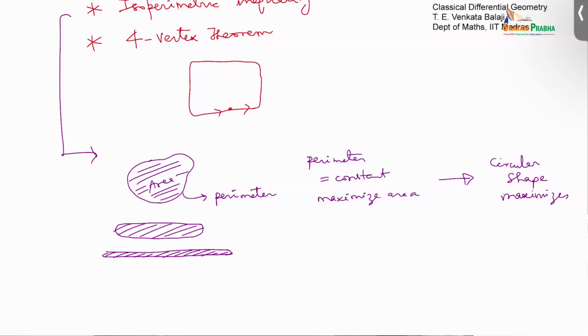So this is something that you can physically see, and the point is that this is also mathematically true. Among all these loops which have the same perimeter, the shape of the loop for which the enclosed area is maximum is that of a circle. That is the isoperimetric inequality.